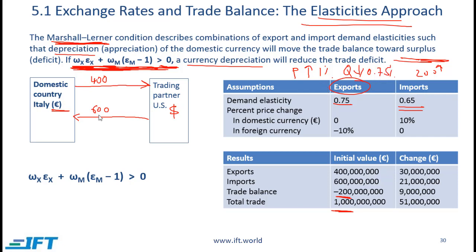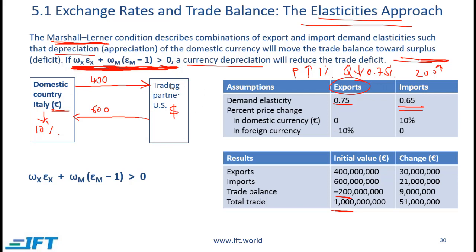If we say that the domestic currency, here the euro, depreciates by 10%, so the euro is down by 10%, what will happen to exports? Clearly, for the trading partner, in this example, the United States, Italian products will become cheaper because the currency euro is becoming less valuable compared to the dollar.